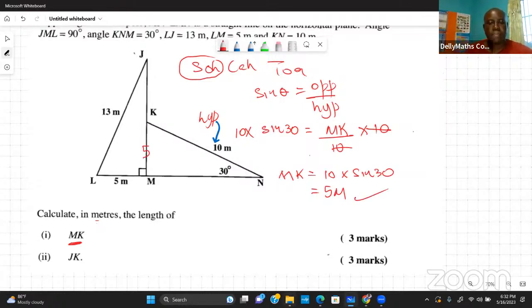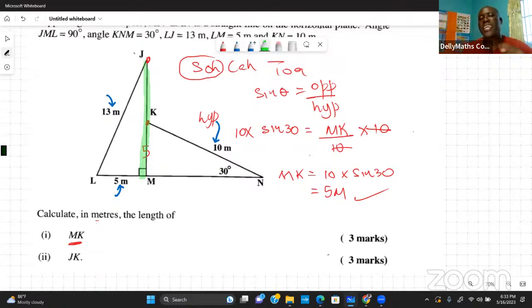All right. Next question. We want to find JK. So we want to find the distance from here to here. I want us to take a quick look at what's going on. We're looking at a right angle triangle with the sides 13, 5. It simply means that I can find all of this side here. But I don't want all of it.